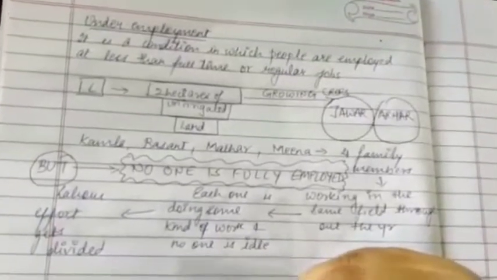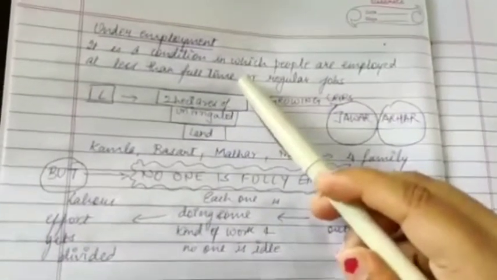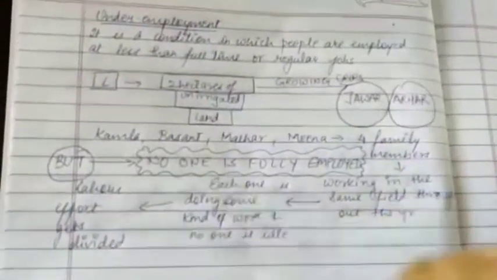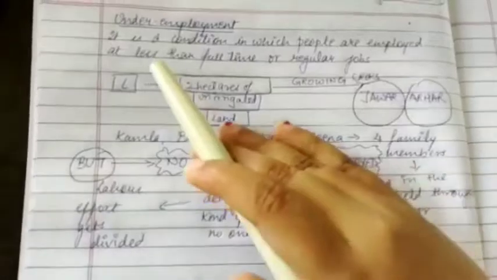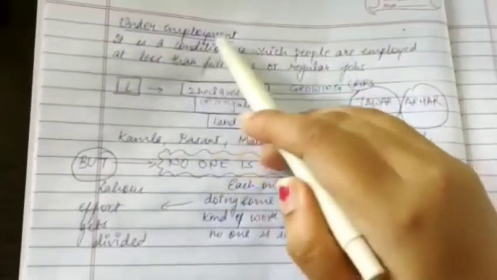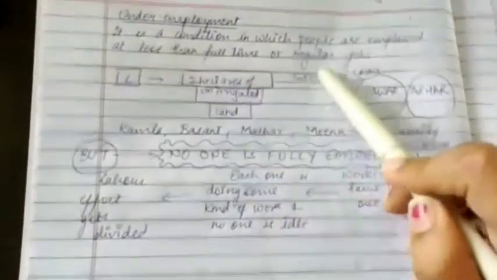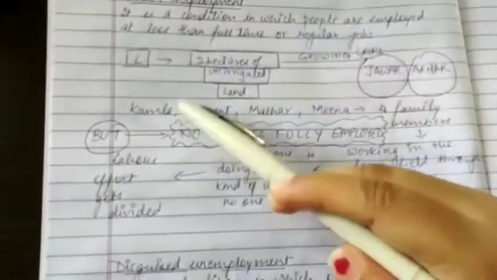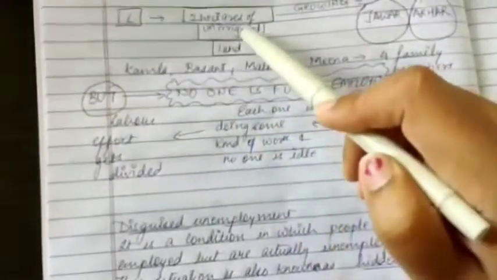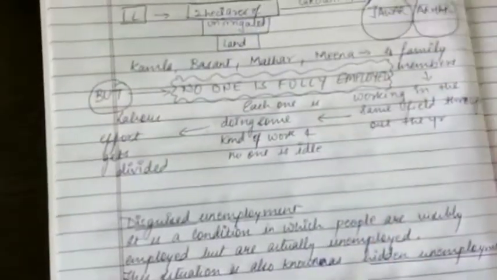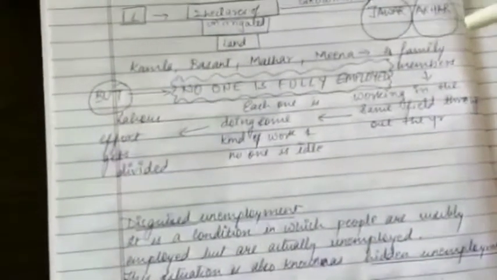As you can see, I have already written the definition of underemployment and created a scenario. Underemployment is a condition in which people are employed at less than full-time or regular jobs. Suppose L is a person who has 2 hectares of unirrigated land and is growing crops like jawar and arhar.